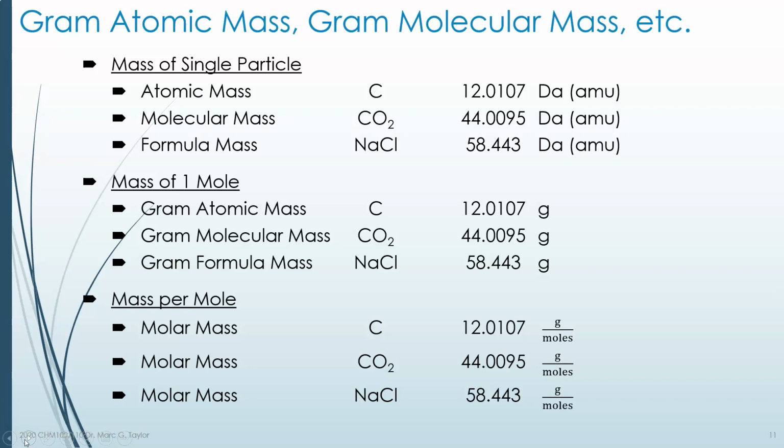And while you will find in textbooks gram atomic mass, gram molecular mass, gram formula mass occasionally, I am going to be really limiting my use of these terms for most of our problems, and we're going to be strictly using molar mass. And the reason why we use molar mass is the unit has grams per mole. And this allows this unit, this value, unlike the other sets of values above, to be conversion factors.